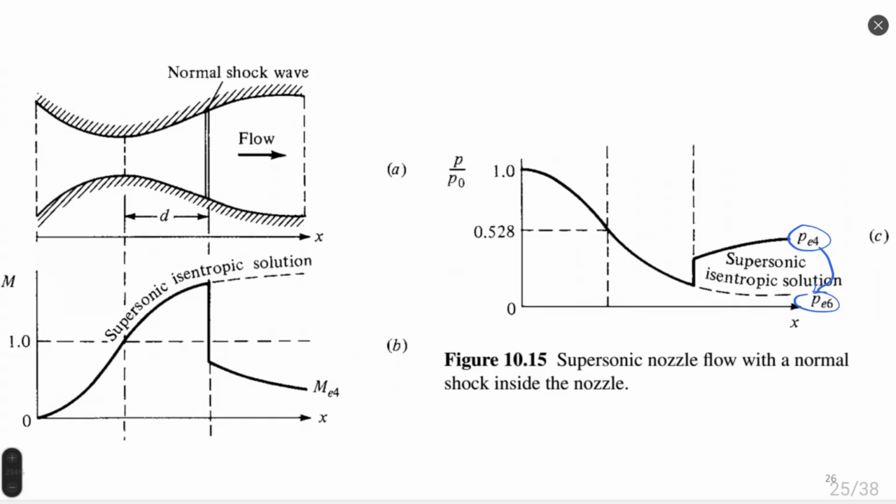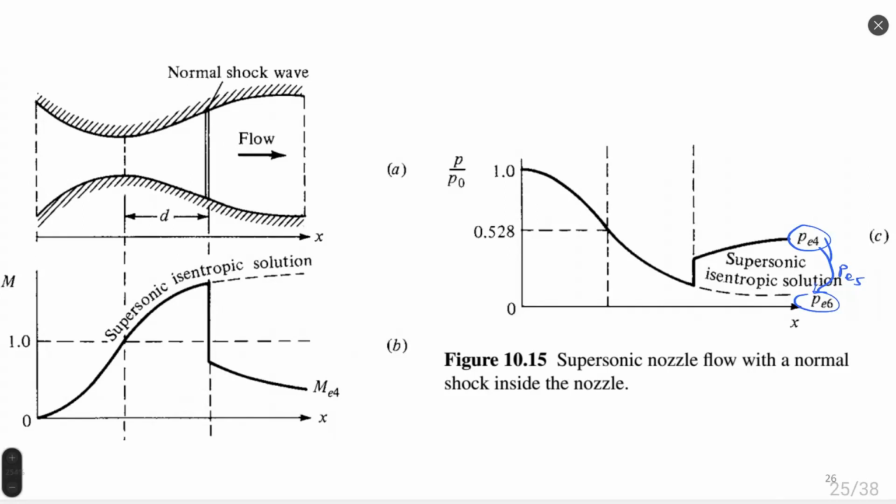Such a shock wave can be of two types. It can be harder, like a normal shock wave, if the pressure ratio is supporting existence of a normal shock wave, or it can be a lighter version when the pressure ratio is closer to PE6, somewhere here, PE5 in the middle.